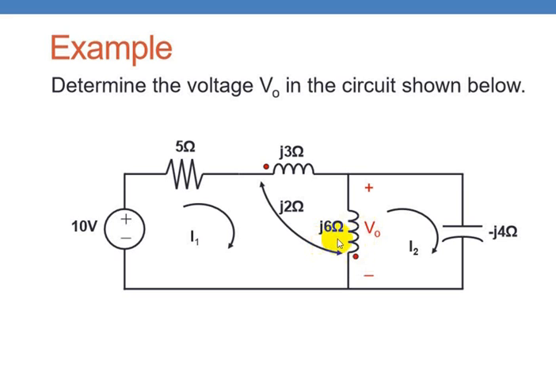That drop will be j2 into I1. This is caused by the current in the neighboring coil, j2 into I1. So what about the sign? You have to decide. Here the current is entering the dotted terminal, and here it is leaving. Therefore you have to write a minus sign.